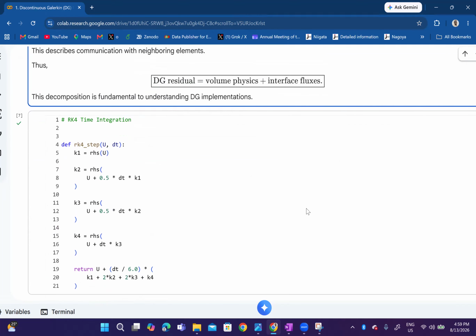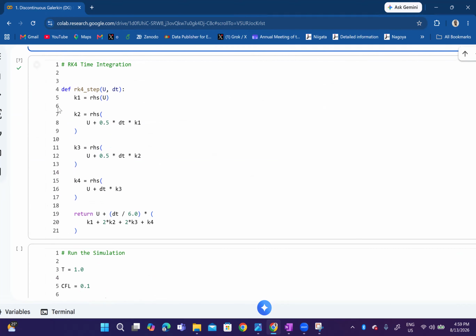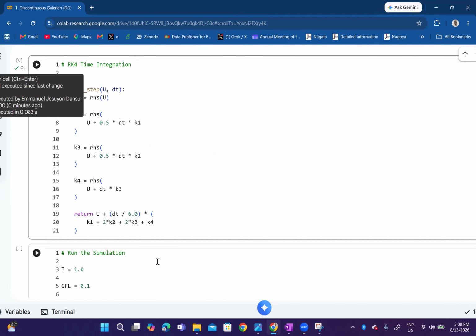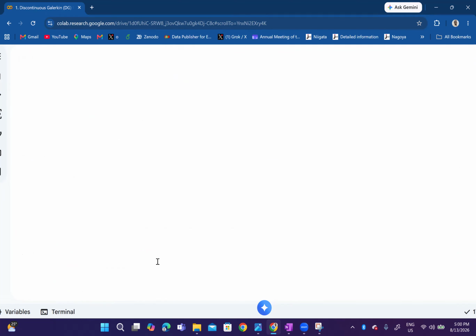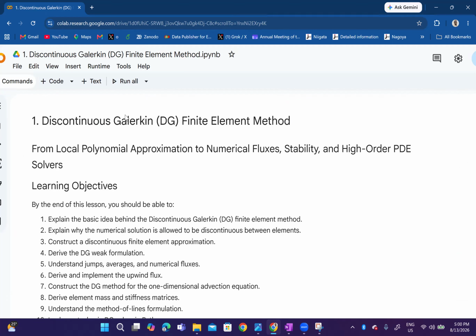So we're on this Runge-Kutta stuff, right? So we run this again. I guess since it has been reloaded, I have to rerun everything from the beginning to be sure all the codes are intact.